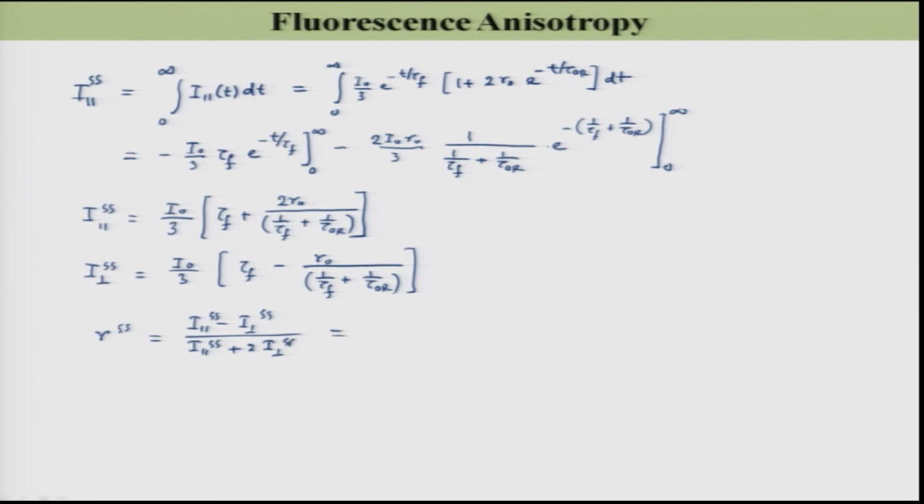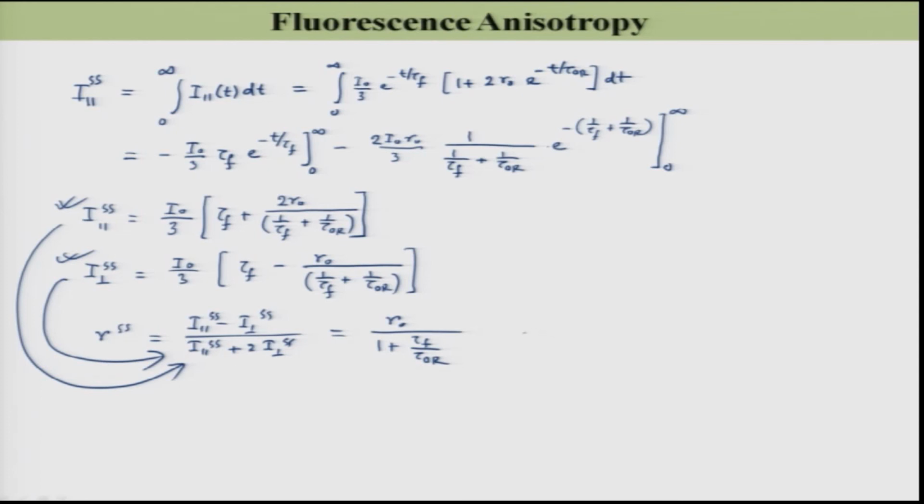And if you plug in the expressions for I parallel and I perpendicular in this equation and simplify, you will be surprised to see that after simplification the result is very simple: 1 plus tau f by tau r.